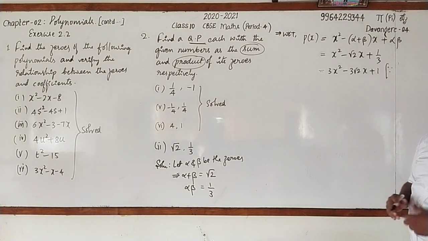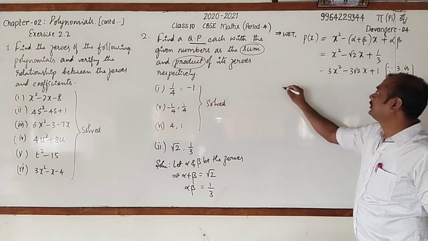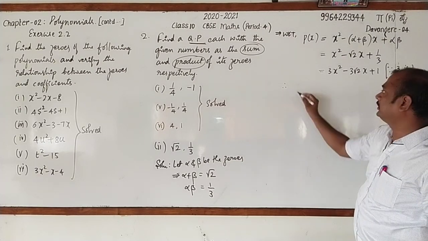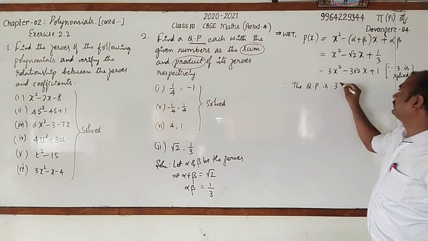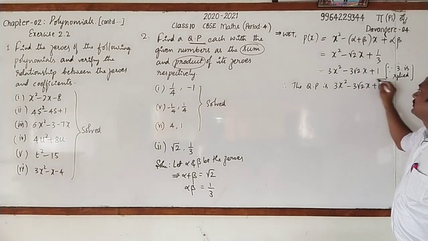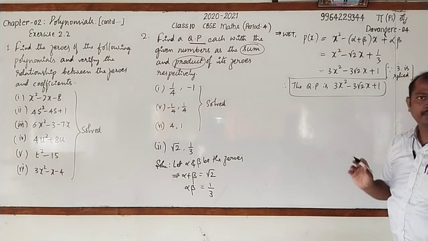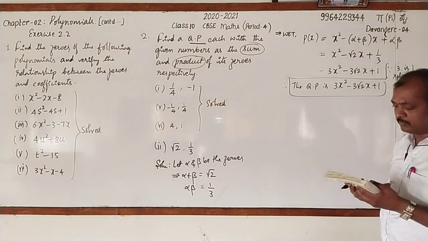In brackets you can write that 3 is multiplied. Got it? Therefore, the required quadratic polynomial is 3x square minus 3 into root 2 x plus 1. Followed?